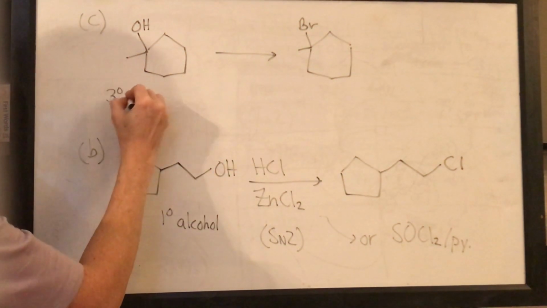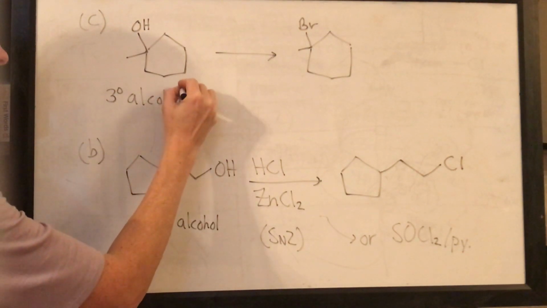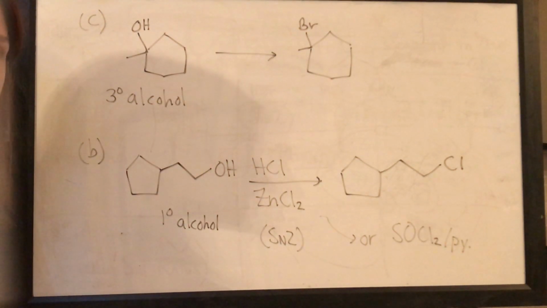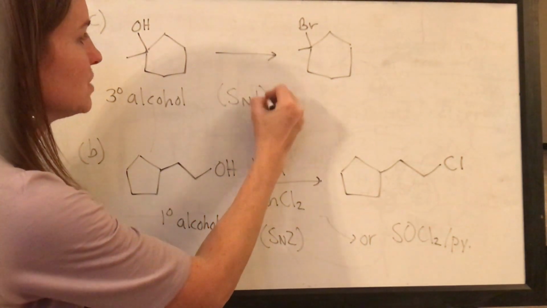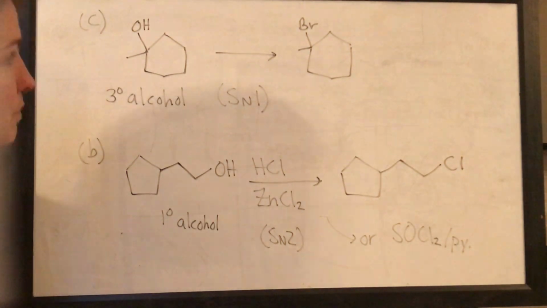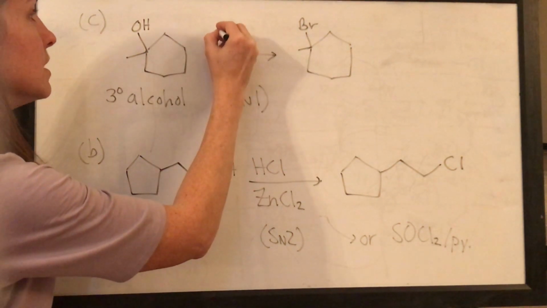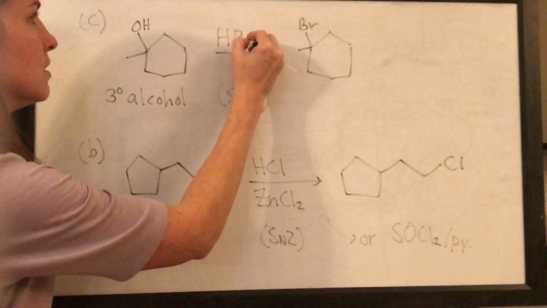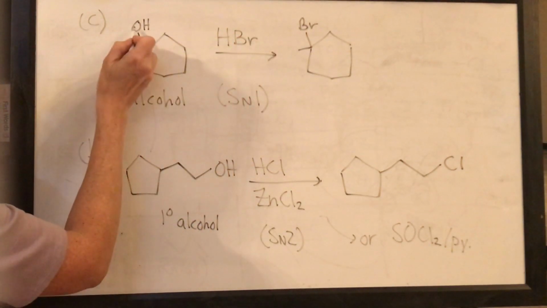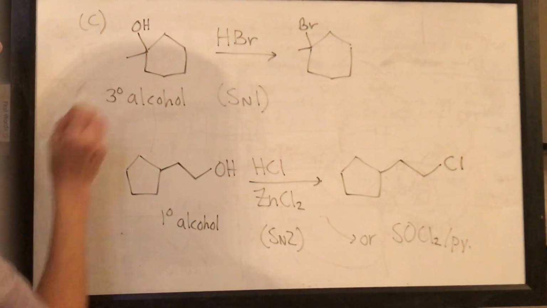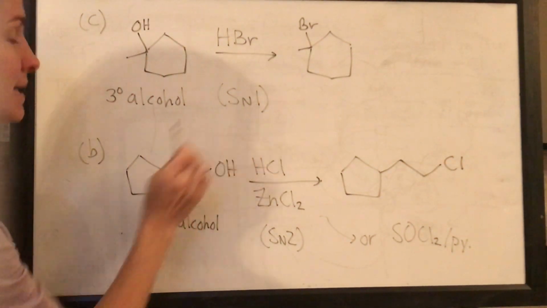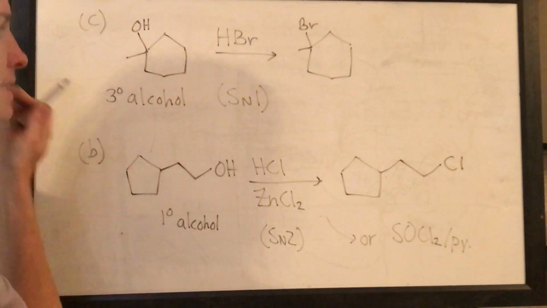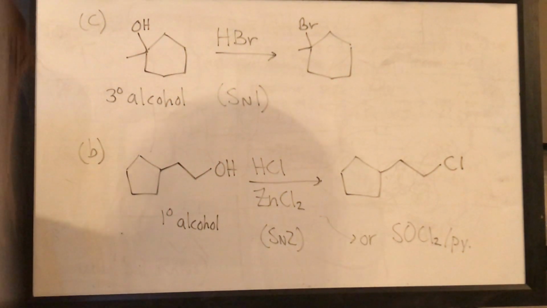Tertiary alcohol means that it's too sterically crowded to do an SN2 reaction, so I have to proceed via an SN1 reaction. If I look at the little chart we made of the best reagent to use here, it's going to be HBr. Our mechanism, if we were writing it out, would be to protonate the OH to turn it into a good leaving group. That pops off and makes a carbocation intermediate, SN1 mechanism, and then the bromine comes in and attaches. Okay, so that's our best reagent in C.